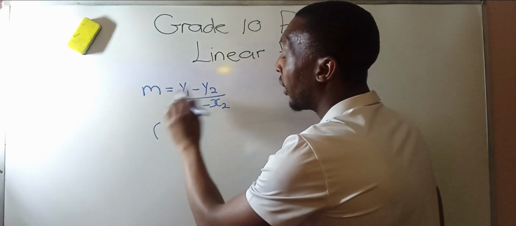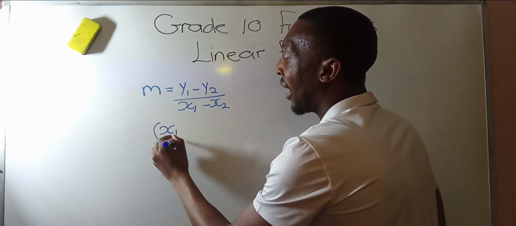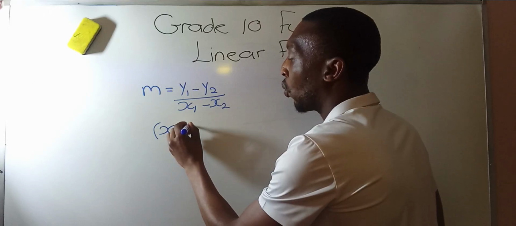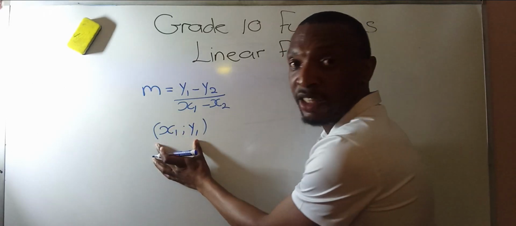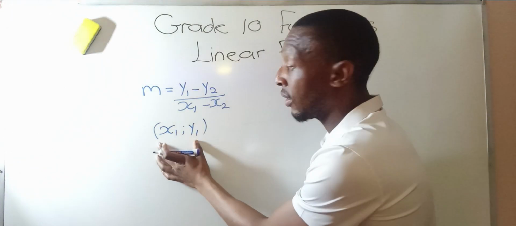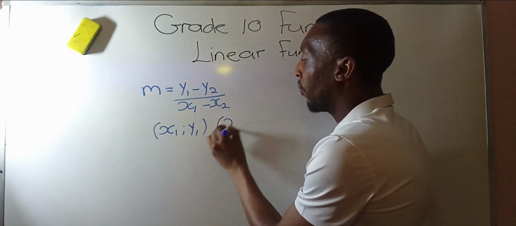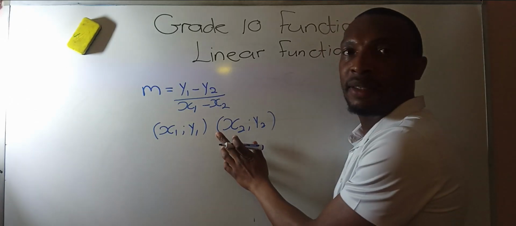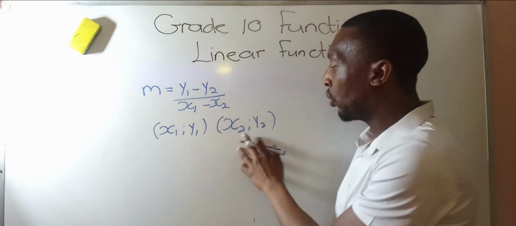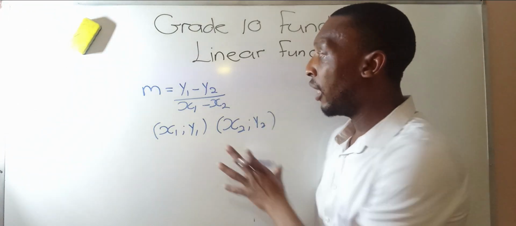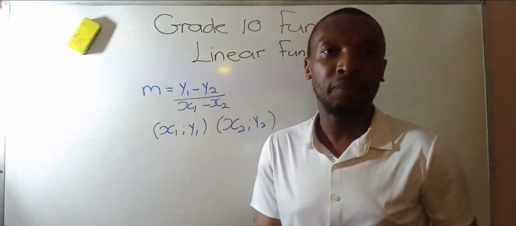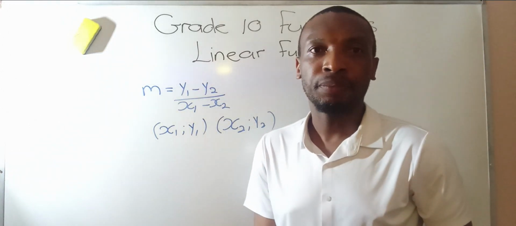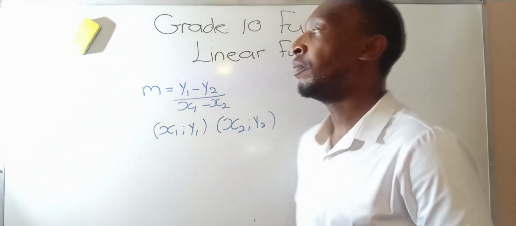So this line goes through the point x1, y1. Remember, this is point 1, so these are its coordinates. And the other point would be x2, y2, meaning the x coordinate of point 2 and the y coordinate of point 2. You take those and substitute them in there. We'll do an example just now.